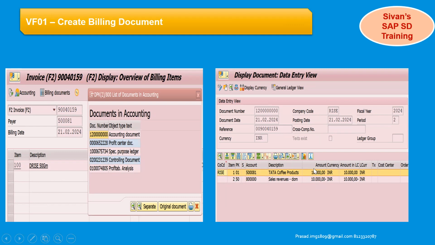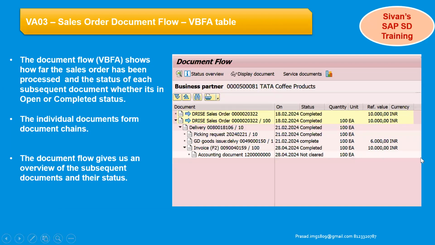Once we receive the amount from the customer, it will become minus, and sales revenue becomes plus. The total document will be transferred to accounting, and from there they will take it forward on how to do the accounting clearing. This is the document flow which we need to observe clearly.